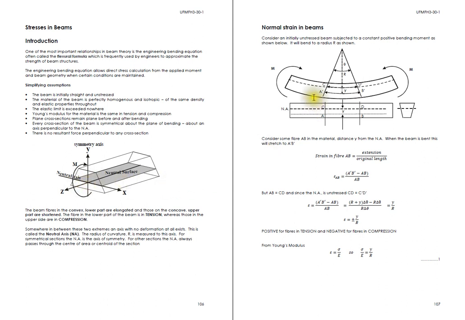Now the principle is that if I imagine I'm bending that beam in a very straightforward way. This is a bit exaggerated, so it doesn't look like this argument is valid.